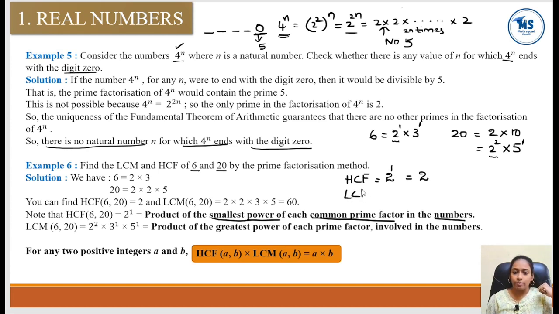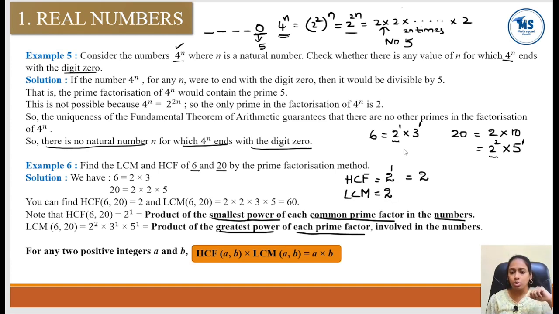Coming to LCM, the LCM of any two numbers would be the product of the greatest power of each prime factor involved in the numbers. For LCM, we need to consider every prime factor, not just the common ones, and the greatest power of each prime factor, and of course the product of all such numbers. So the LCM here: first I'm considering 2.